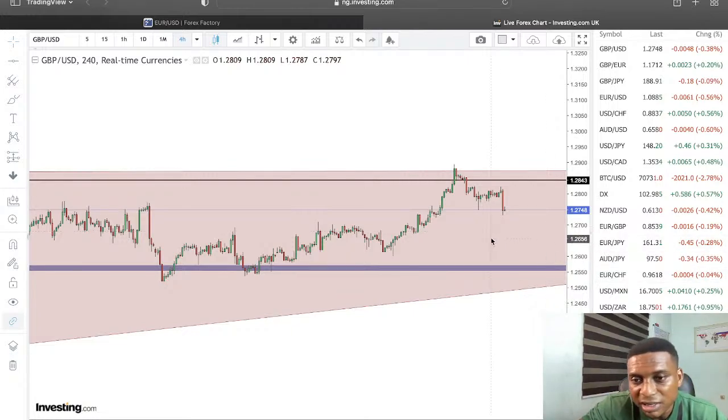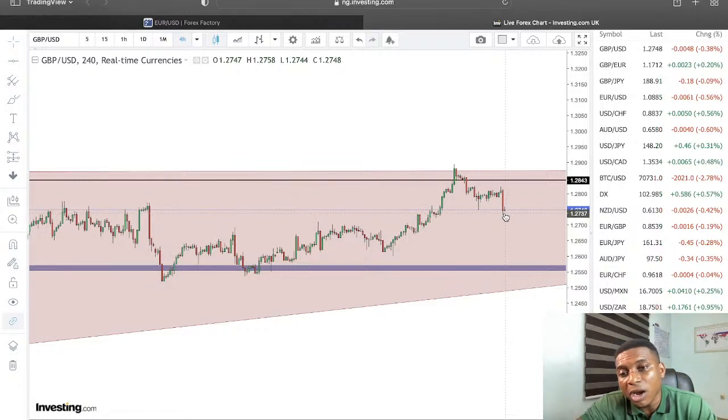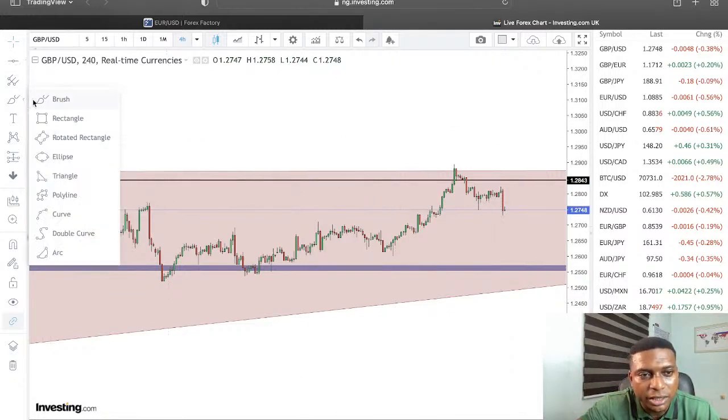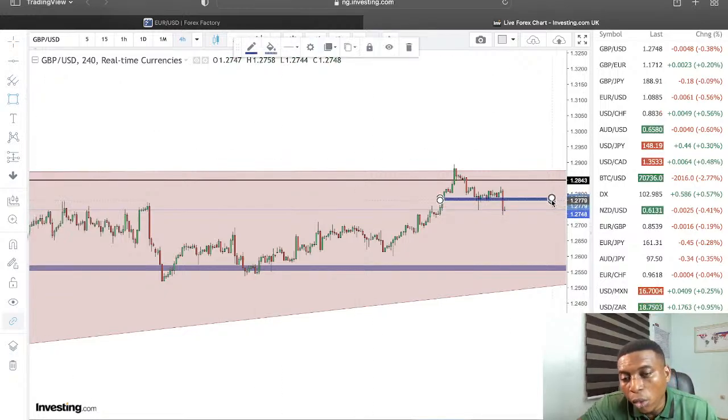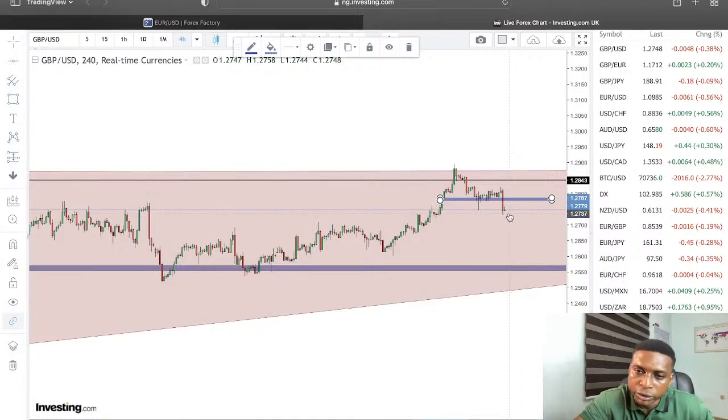So we can see here now that in the last 4 hours the candle closed far below the previous candles, as you can see here, indicating a strong bearish momentum coming in.